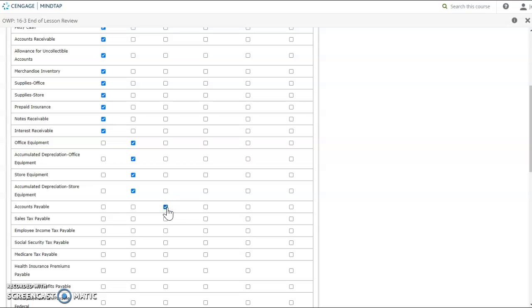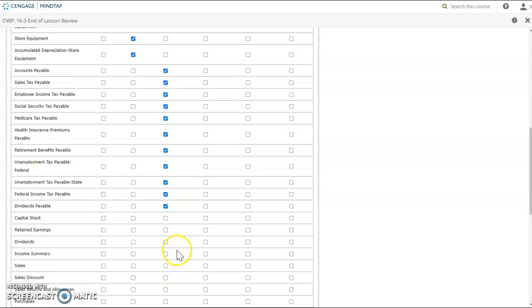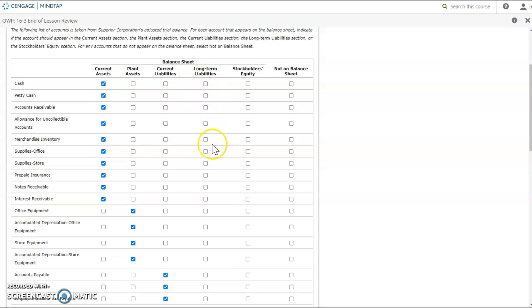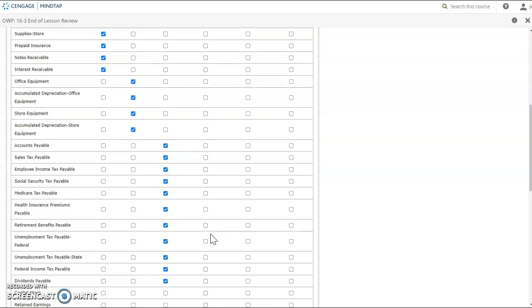So we're going to have accounts payable, sales tax payable, employee income tax payable, Social Security tax payable, Medicare tax payable, health insurance premiums payable, retirement benefits payable, unemployment tax payable, federal and state, our federal income tax payable, and our dividends payable. Now, if we look on our list here, we do not have any long-term liabilities, so we won't have anything marked in this fourth column.